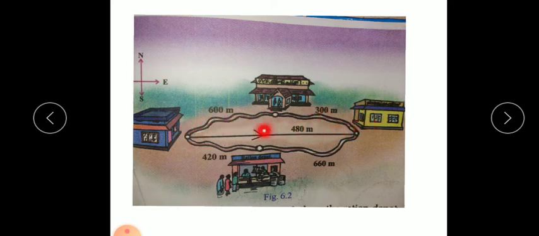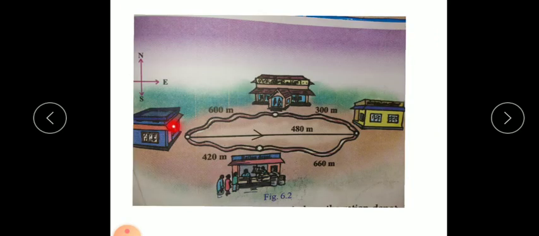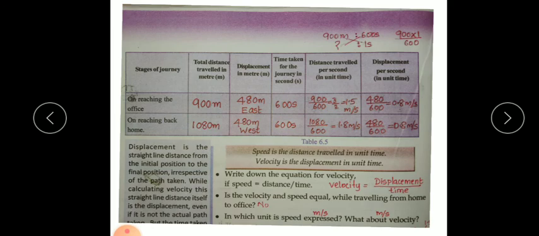And what about displacement in this case? 480 meter towards east, is it? So you have to write here the displacement is 480 meter towards east. Time taken for the journey in seconds. In order to reach from here to here he took 600 seconds. So you have to write here 600 seconds.